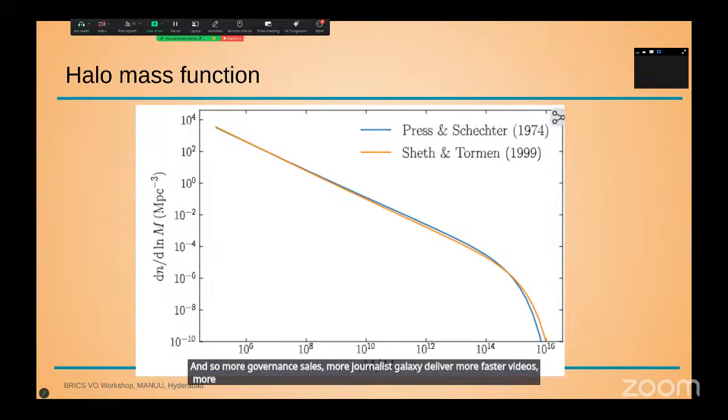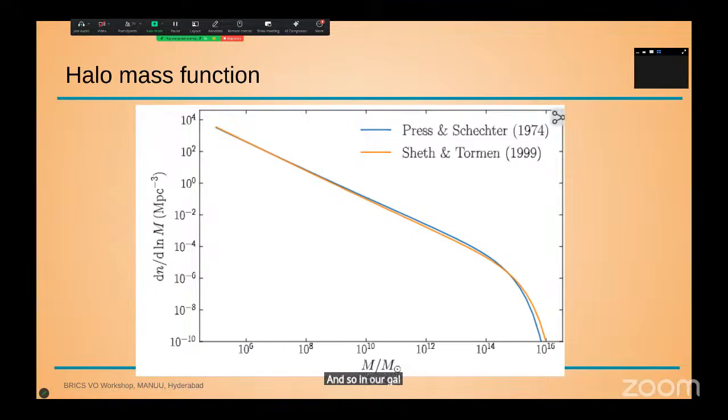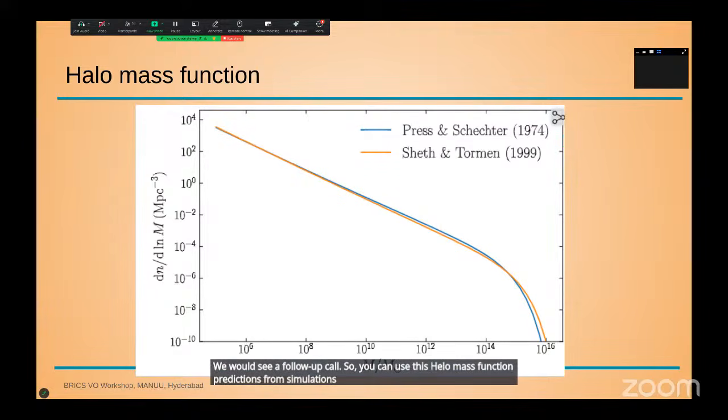More massive halos are less abundant, exponentially suppressed, so the number density of galaxies will also be exponentially suppressed, and at the faint end you will see a power law. You can use the halo mass function predictions from simulations and the observed luminosity function to figure out the connection between galaxies of a particular luminosity and halos of a particular mass. That's called the galaxy dark matter connection.